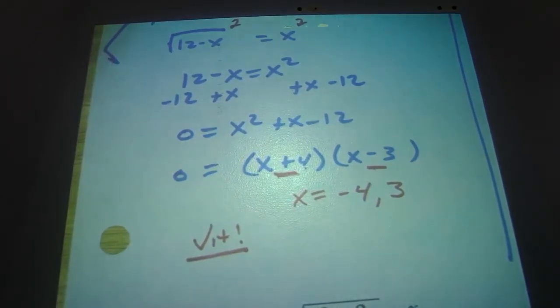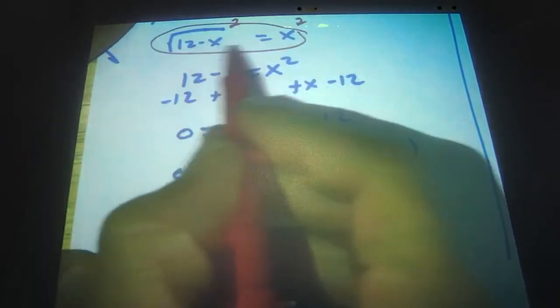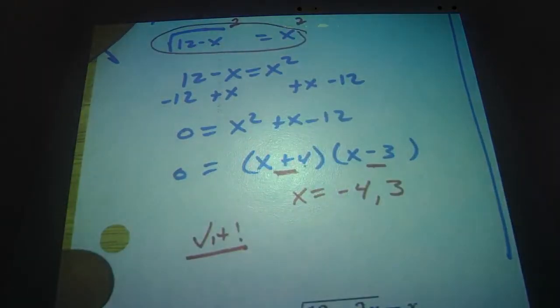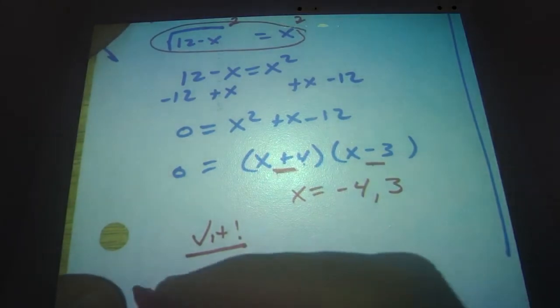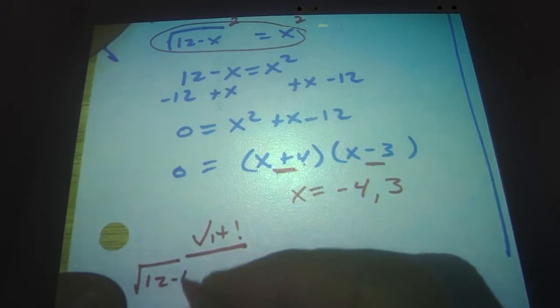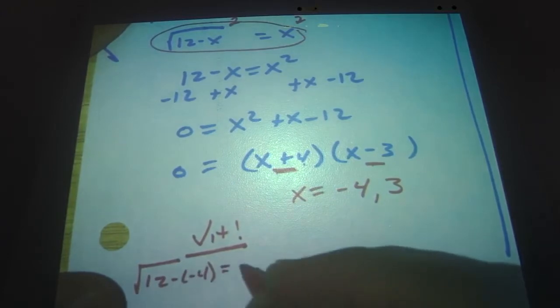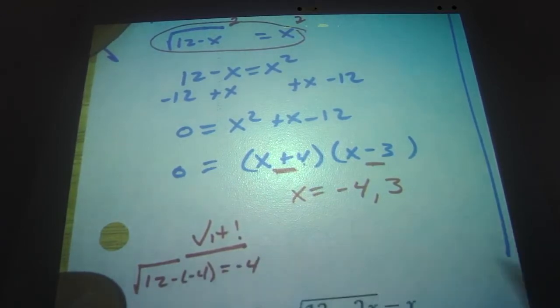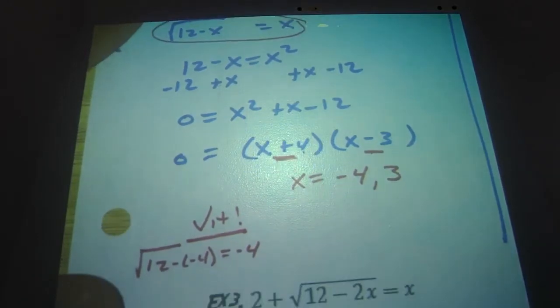So I'm going to put those back into this spot where I have the root isolated. So square root, 12 minus a negative 4, and if you can't see this, let me know, but that's equal to negative 4.